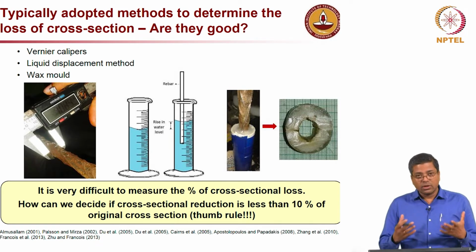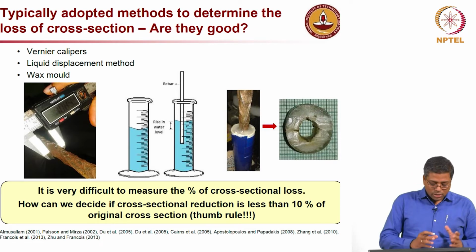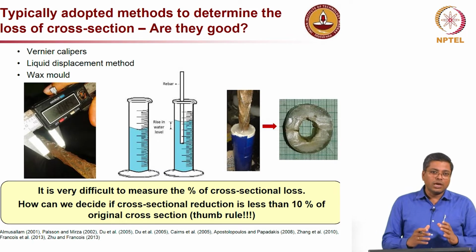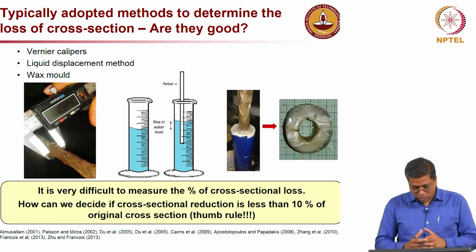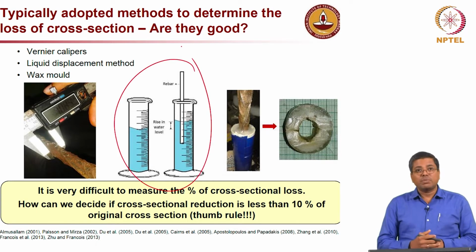So you cannot even assume that wherever you are measuring that diameter, the shape is circular. I will show you in the next slide how the shape at various locations of this particular bar was. And then the second method, liquid displacement method.